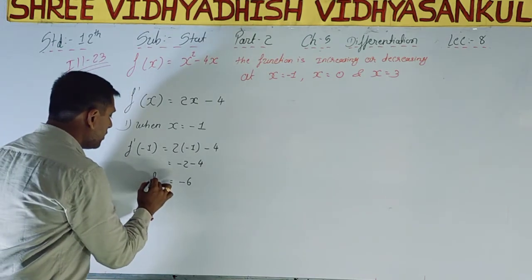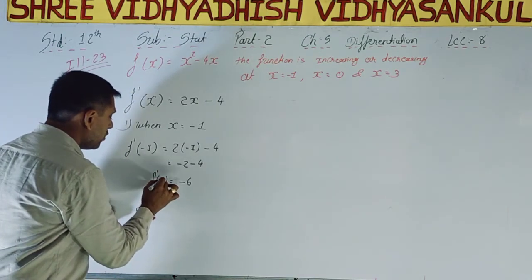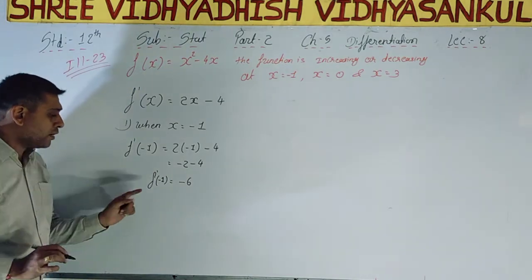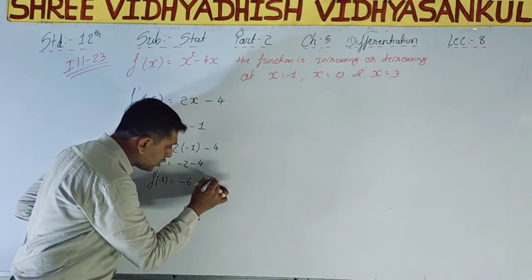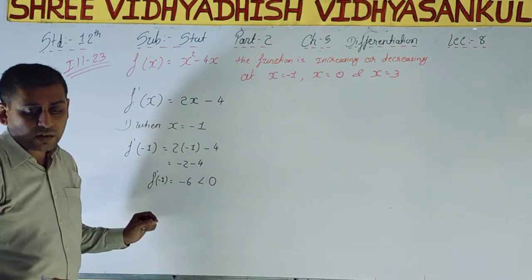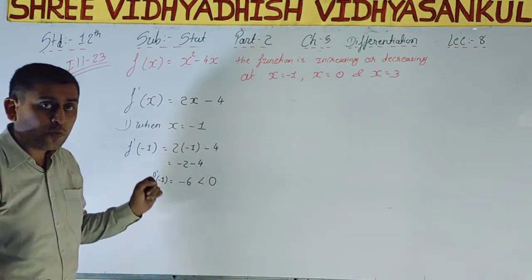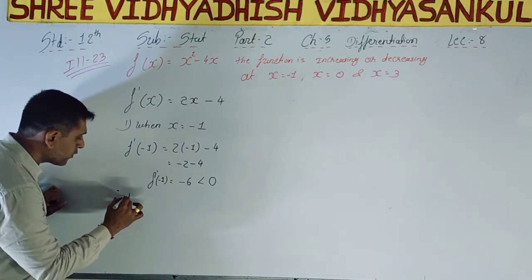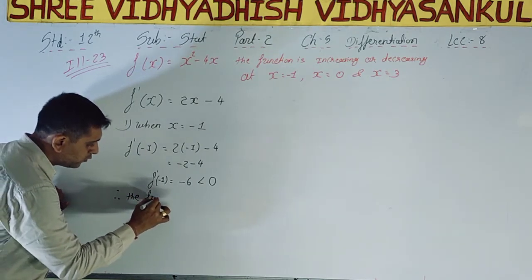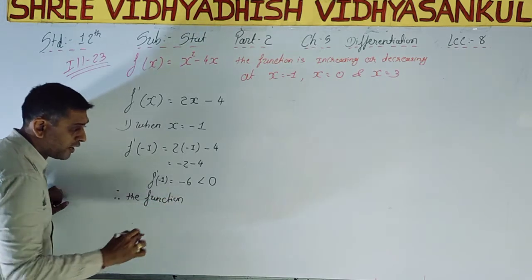So the first value, f dash of minus 1, is equal to minus 6, which is less than 0. The answer is less than 0. Therefore we have to write that the function, see, what is the answer?